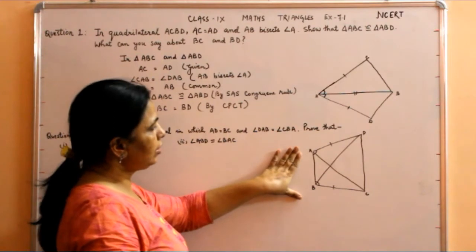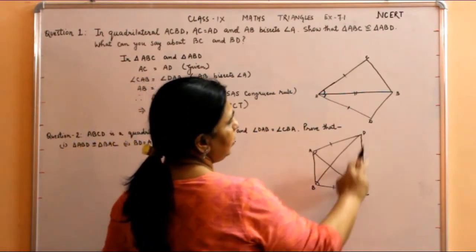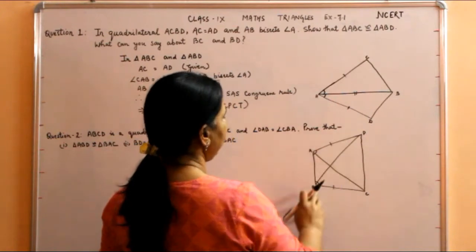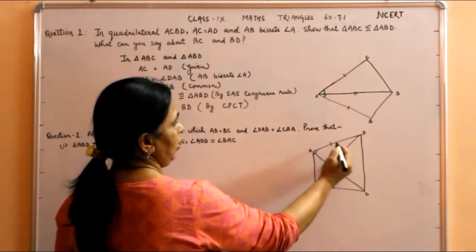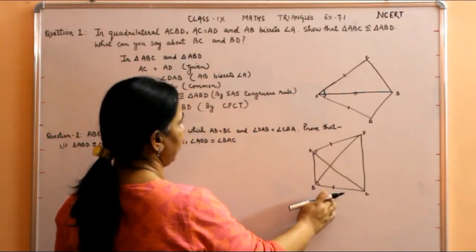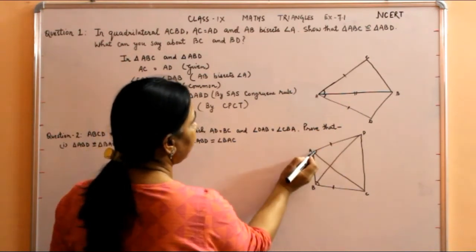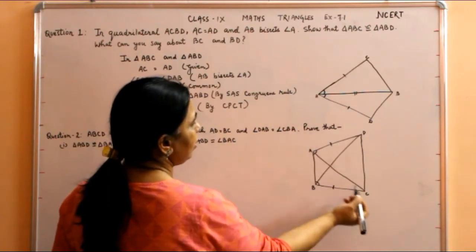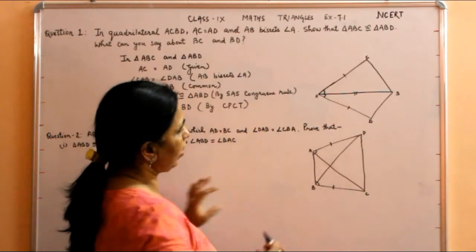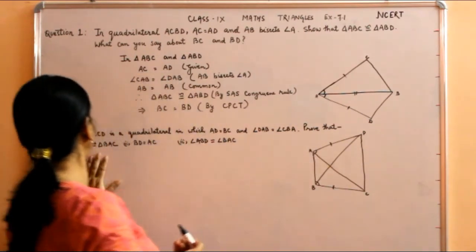We will see this figure that ABCD is a quadrilateral and this side AD is equal to BC. This sign shows that this side is equal to this side, and this angle DAB is equal to angle CBA. So we will consider these two triangles which we have to prove congruent.